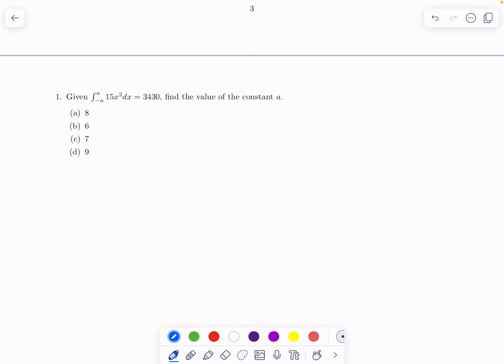So we want to use the power rule for integration, which is the integral of x to the power of n dx equals x to the power of n plus 1, divided by n plus 1, plus the constant of integration, k. But for the given problem, this is a definite integral because of the limits negative a to a.